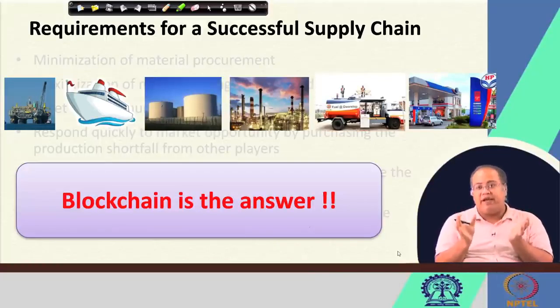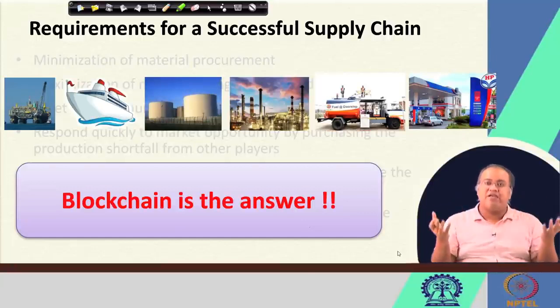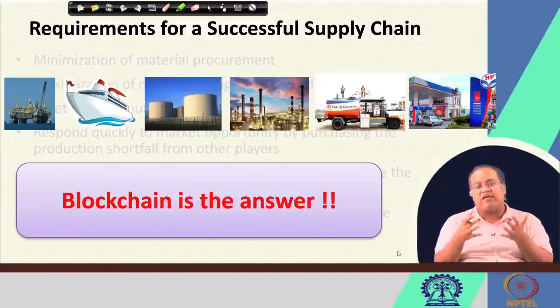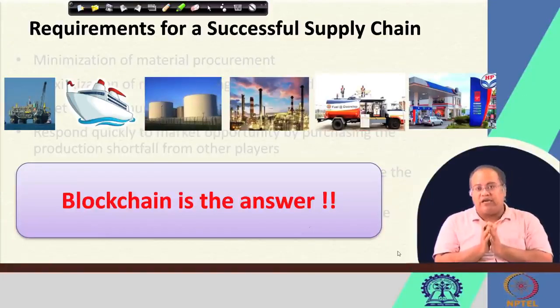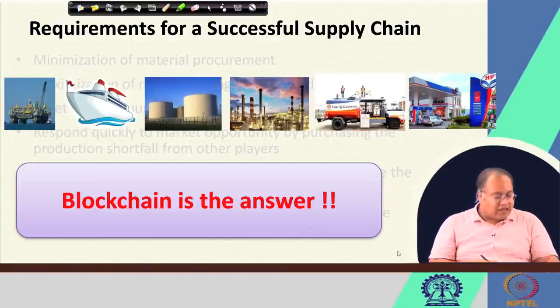I have different players who have their own objectives and their own policies, but at the end of the day, if they can coordinate with each other, they can possibly return a better benefit not only for themselves, but for the society as a whole. This is where we can apply blockchain, and in the next class we are going to see how we can apply blockchain in this context.